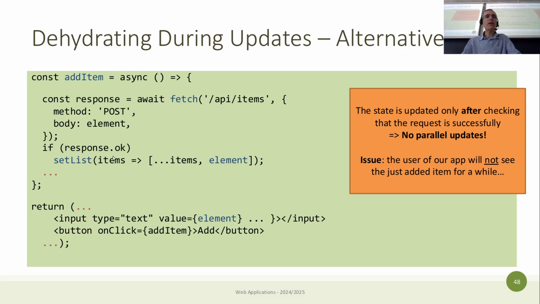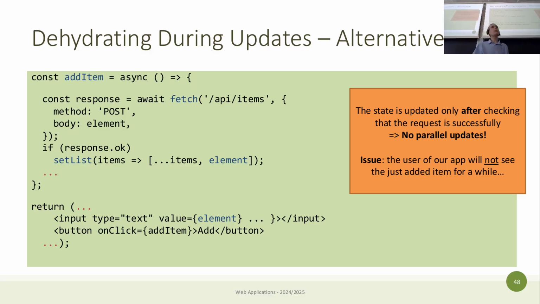Which is fine, okay? So this is, let's say, safer from the point of view of having the two states, client and server, synchronized correctly, but it's a bit less convenient for the user because it has no immediate feedback, okay?